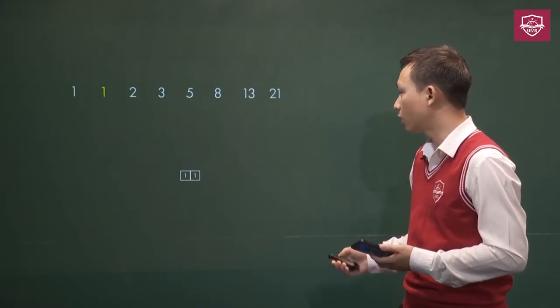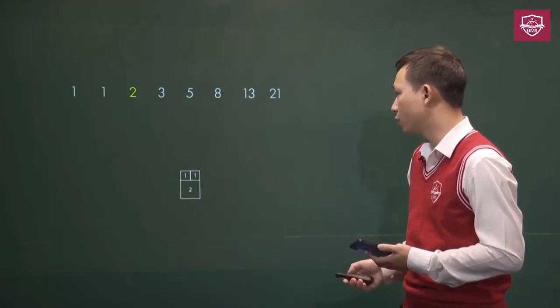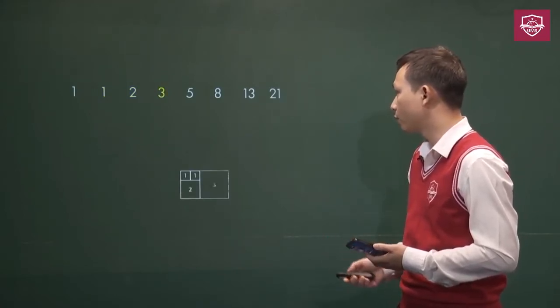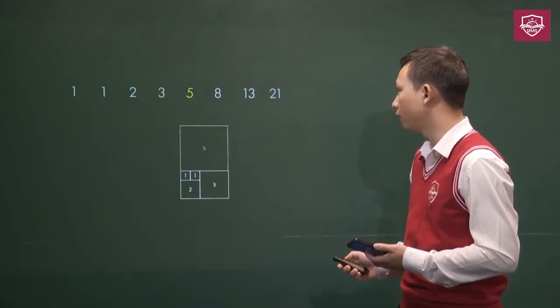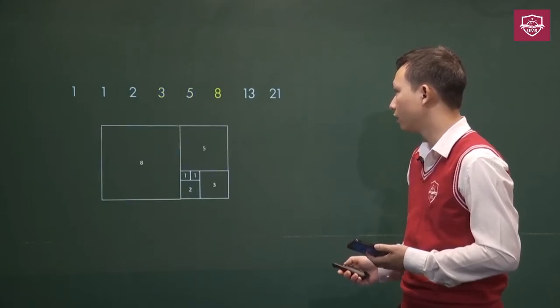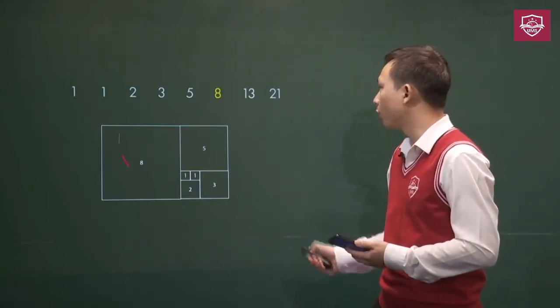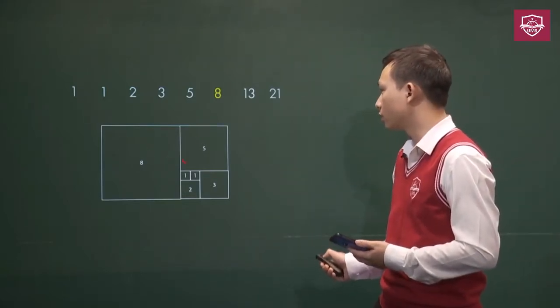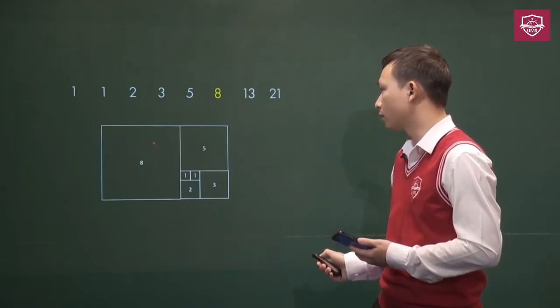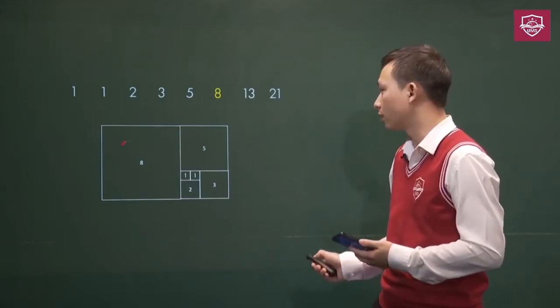Next, we have 2, so I will add a square of 2 units. Then 3, 5, 8, and so on. If we add more and more squares to this pattern, we'll have something that looks like a big rectangle.